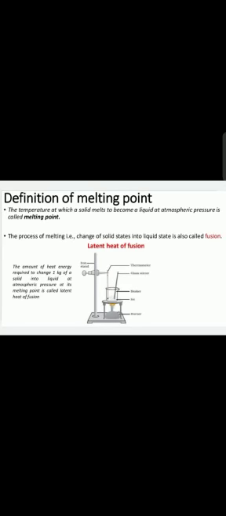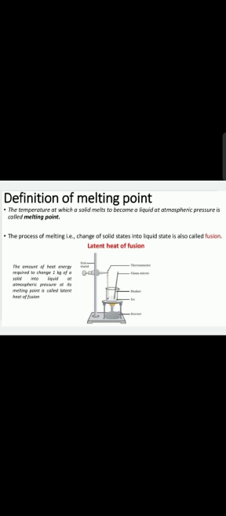Now, the definition of melting point. Students, the temperature at which a solid melts to become a liquid at atmospheric pressure is called the melting point. The process of melting, that is, the change of solid state into liquid state, is also called fusion.